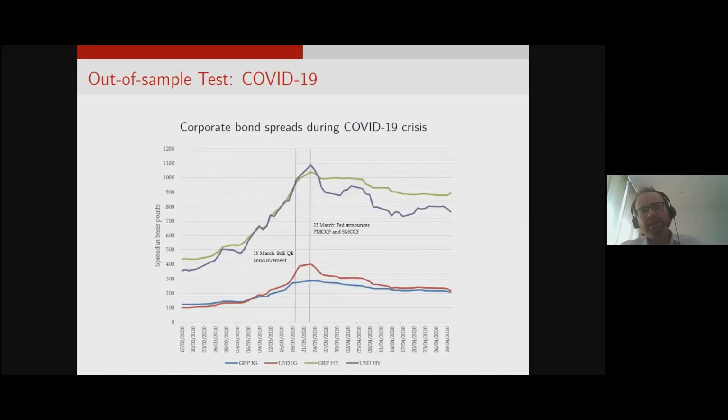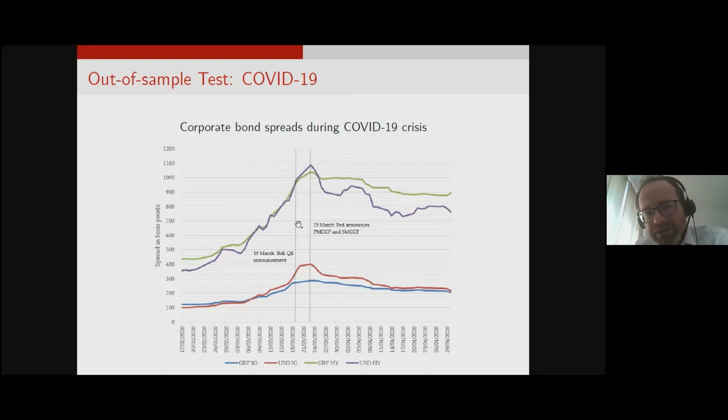So let me just give you a recap of what happened last March. Here I'm plotting the corporate bond spreads for high yield and investment grade bonds, both from the UK and the US, just to show you that the story is roughly similar in the US and in the UK. So high yield bond spreads peaked at about 1100 basis points.